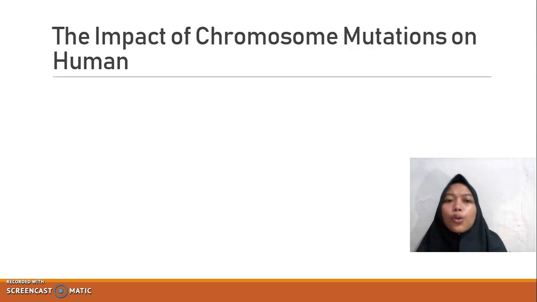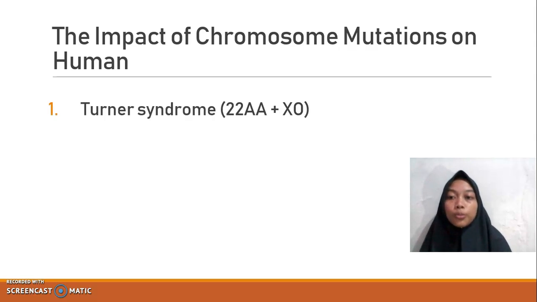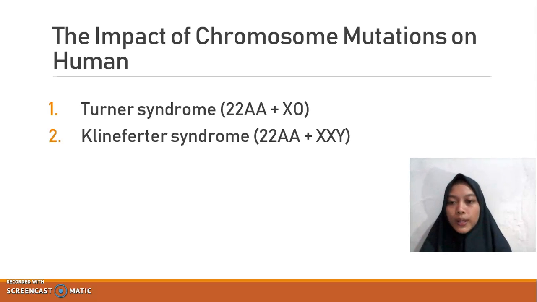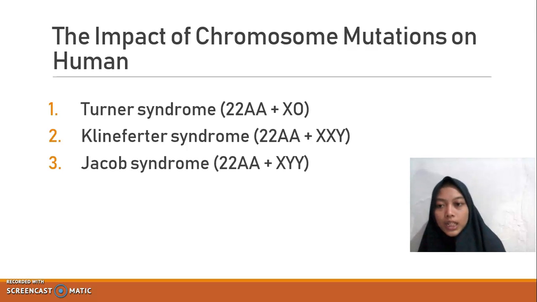The impact of chromosome mutations on humans. The first, Turner syndrome, where the karyotype is 22AA plus XO. Number two is Klinefelter syndrome with karyotype 22AA plus XXY.